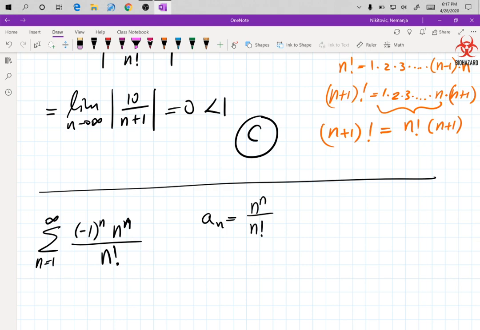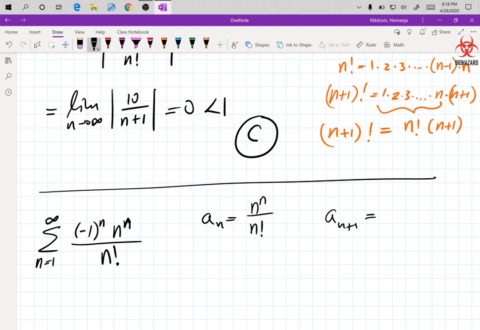The other excuse was, do you remember when you learned, hopefully you did, alternating series? Remember that an did not contain (-1) to the n? So that's excuse number 2. So you have two excuses, and I hope they're good enough for you.